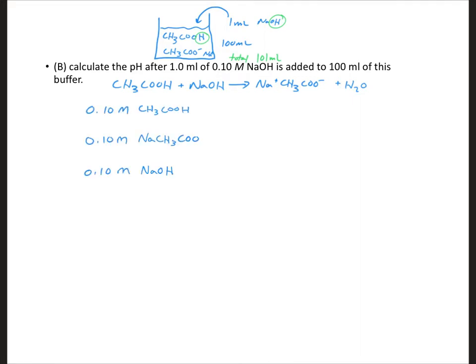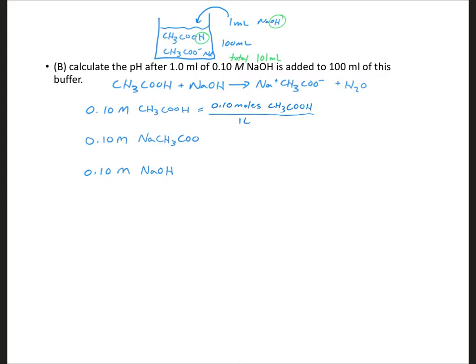So we have initial concentrations for every one of the compounds involved in this chemical reaction, and now we can also consider what that means in terms of moles per liter. You may recall that molar concentration means that many moles in 1 liter. So if we have 0.10 molar CH3COOH, we actually have 0.10 moles of that acetic acid in 1 liter.